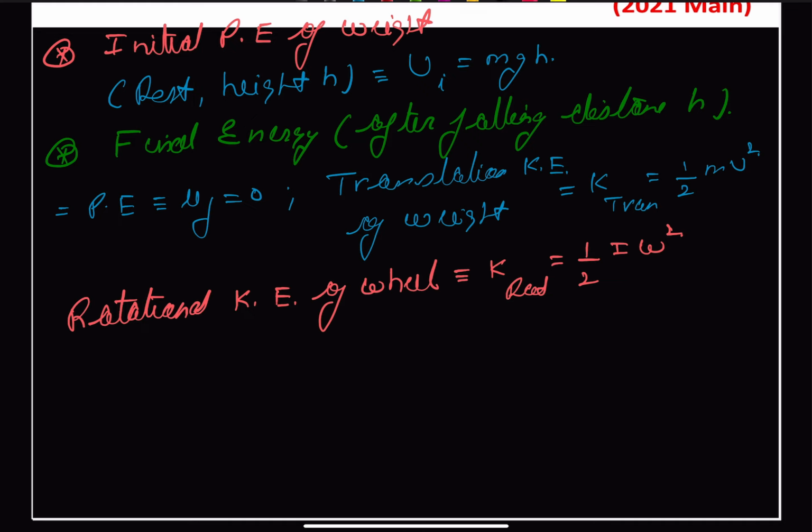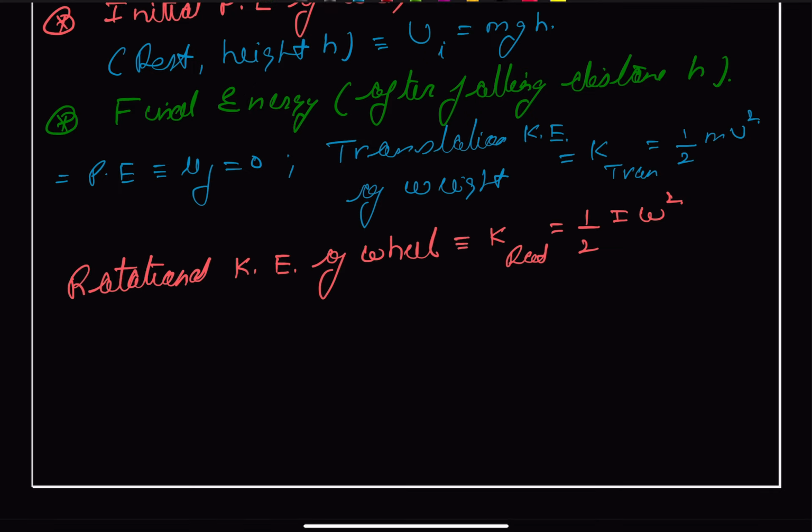These are rolling without slipping, therefore v is equal to omega r.